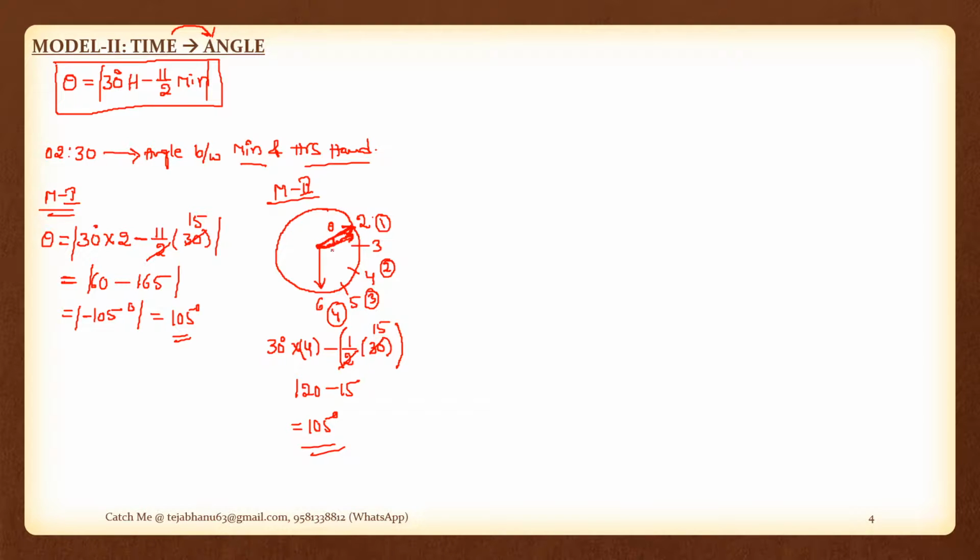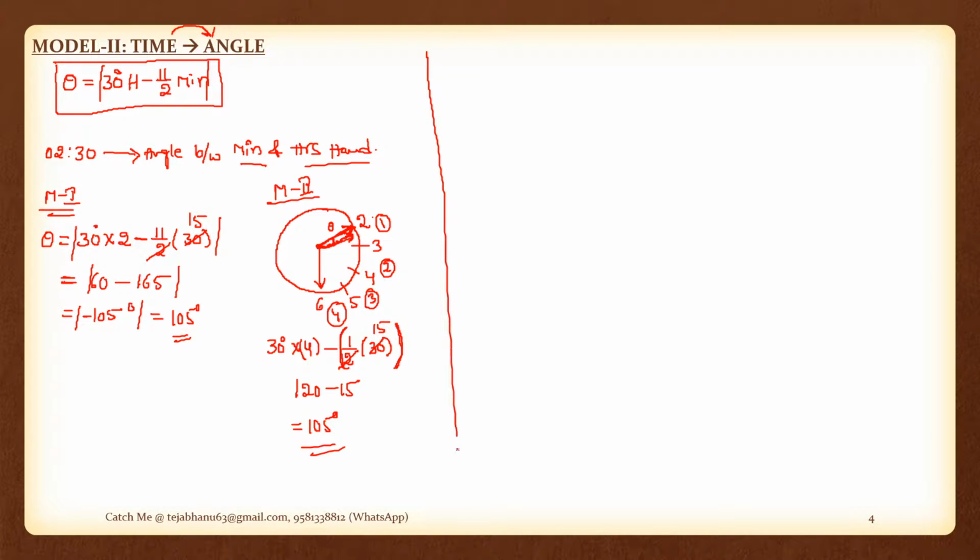That's why I have subtracted this value. The hour hand displaces half a degree for every minute, so half into 30.